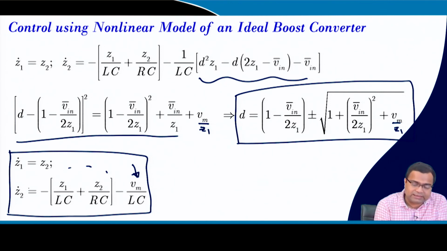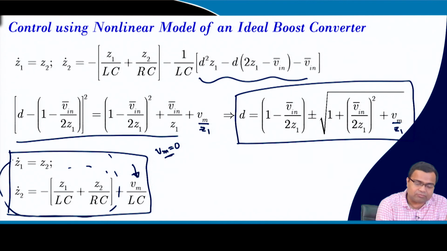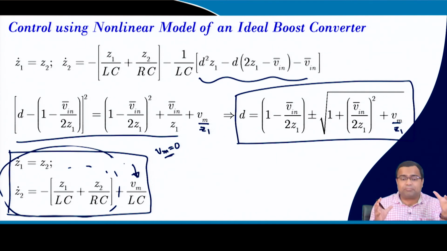Even if we set Vm equal to 0, with no other control variable, this is a linear equation, but the location of the poles will be decided by the system parameters L and C, and those poles may not give sufficient transient performance. That means we want to achieve some desired transient performance, which cannot be met. So, this extra variable that we placed creates a linear function of Z1, Z2 in such a way that the closed loop poles can be placed to achieve a faster response.